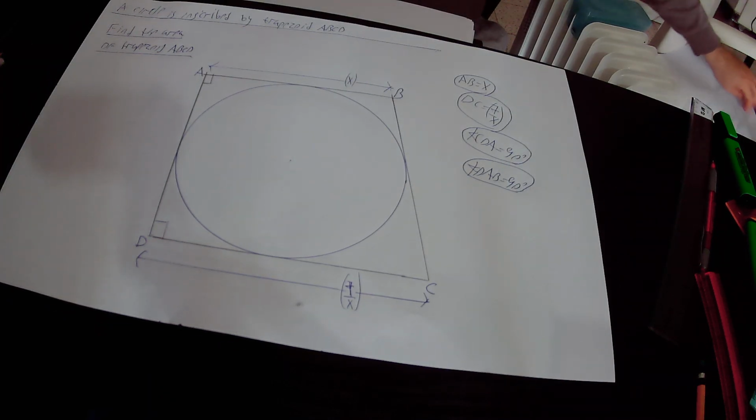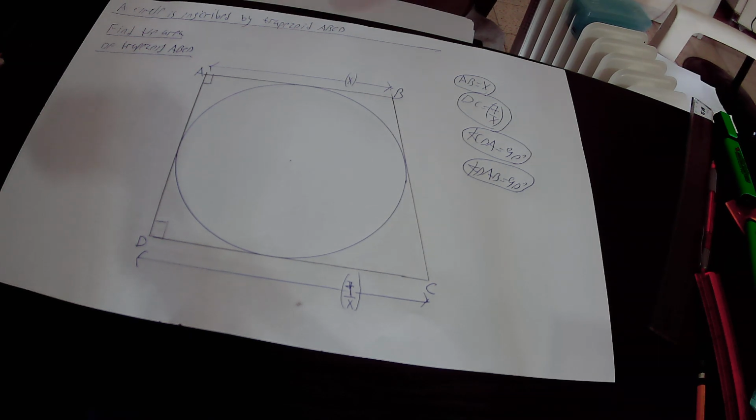So, first of all, we will define the points of tangency of this trapezoid ABCD with this circle with letters.